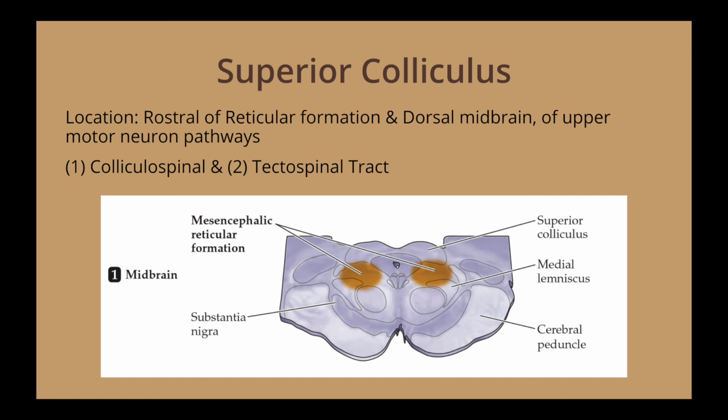In the third upper motor neuron pathway, we have the superior colliculus. Here it is located rostral to the reticular formation and is dorsal to the midbrain of the upper motor neuron pathways. This image is also seen in the beginning when we went over reticular formation on slide 11. So here we have the two neuron pathways, the colliculospinal and tectospinal tract.